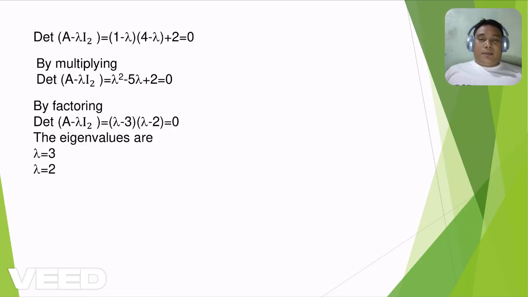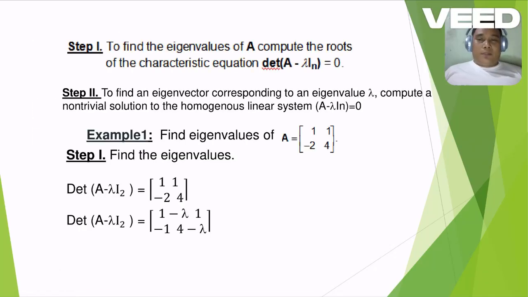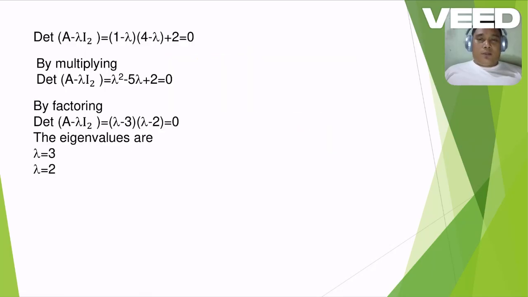By multiplying in the matrix, 1 minus lambda times 4 minus lambda, then minus negative 2 times 1. So we get (1 minus lambda)(4 minus lambda) plus 2 equals 0. By multiplying, determinant of A minus lambda I 2 equals lambda squared minus 5 lambda plus 6 equals 0.